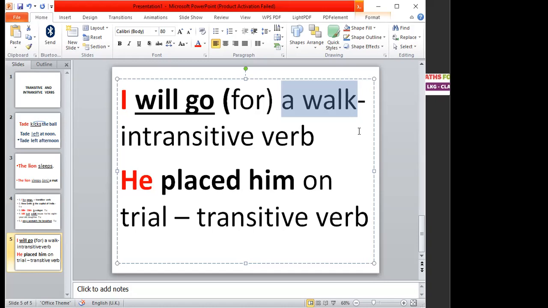Remember, your transitive verb will always have a direct connection to your object. You have a subject acting on the verb or carrying out the action, and then you have an object receiving the action if the verb is a transitive verb.